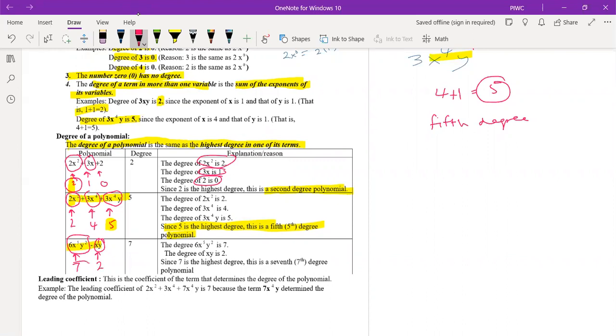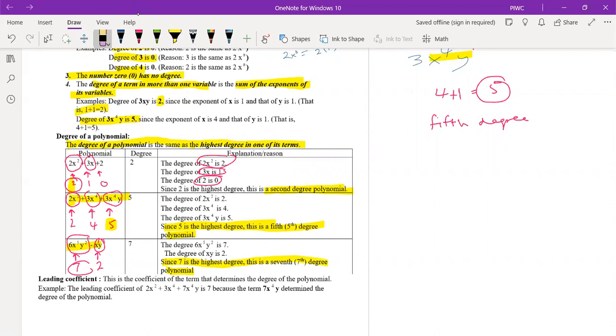So since 7 is the highest of the degrees, the whole polynomial is a 7th degree polynomial, a polynomial of degree 7.